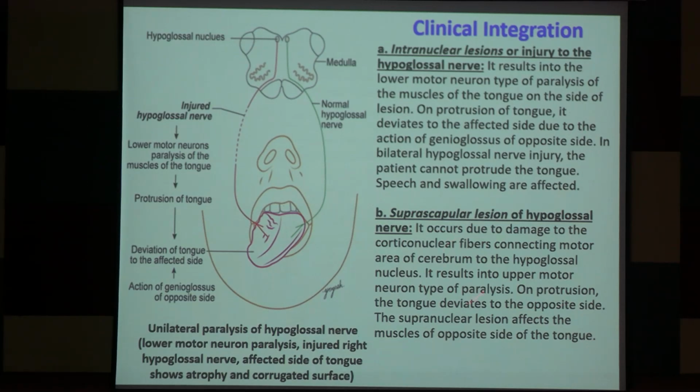And in supranuclear lesion, that is upper motor neuron type of paralysis. Supranuclear lesion of the hypoglossal nerve occurs due to damage to the corticonuclear fibers connecting the motor area of the cerebrum to the hypoglossal nucleus and results in upper motor neuron type of paralysis, and on protrusion the tongue deviates to the opposite side.